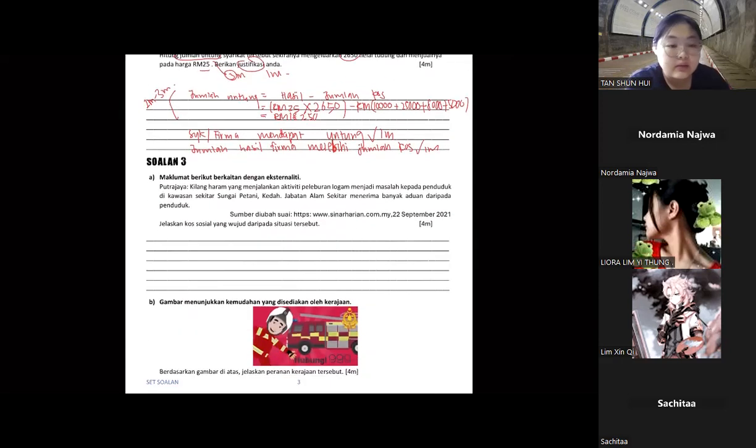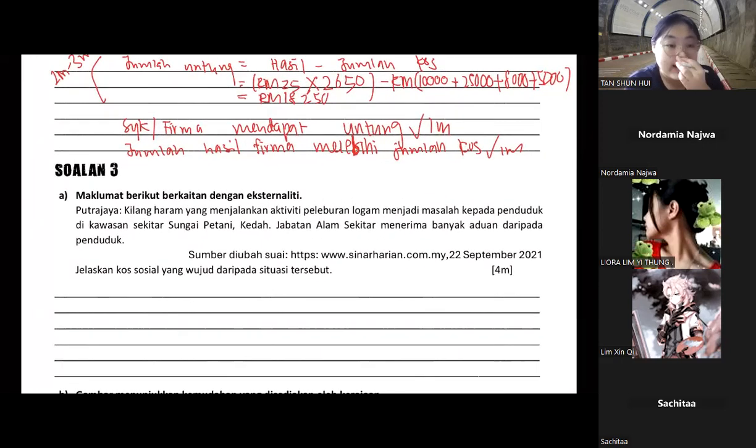Can ya? Now here, question 3. This one. Jelaskan cost social. Whenever you see cost social, definitely they want you to tell them some negative effects. Okay, so they say kilang haram, illegal factories, menjalankan peleburan logam, something to do with iron, that menjadi masalah kepada penduduk di Sungai Petani.